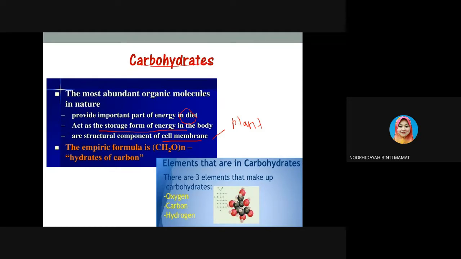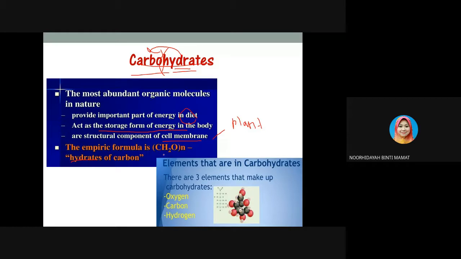They have the empirical formula CH2O, so we can call them hydrates of carbon, CH2O.